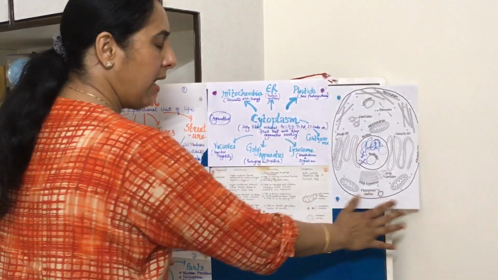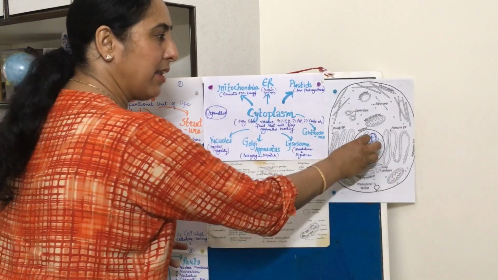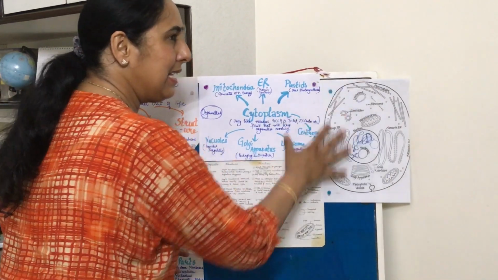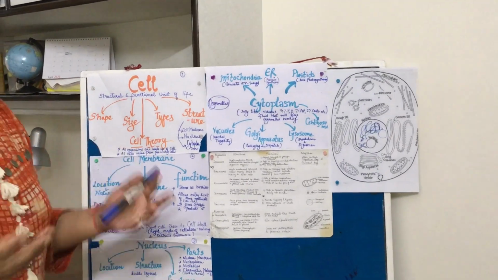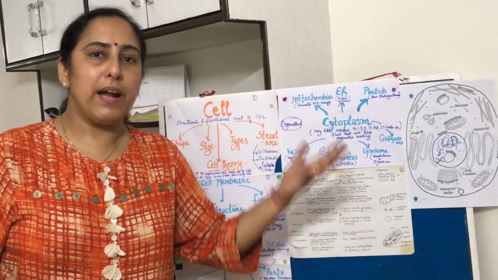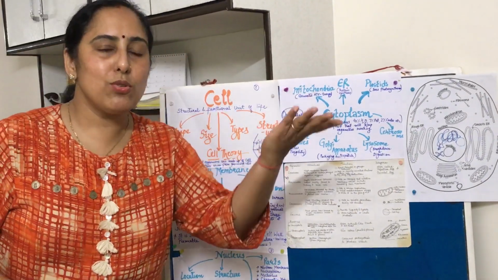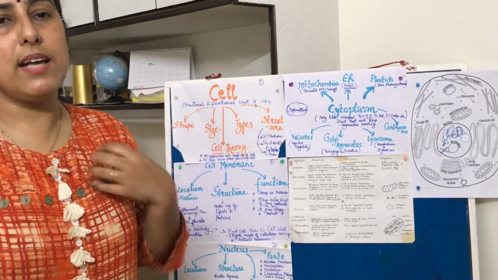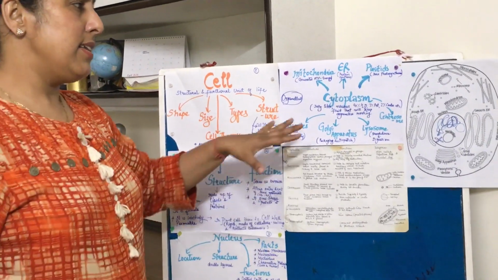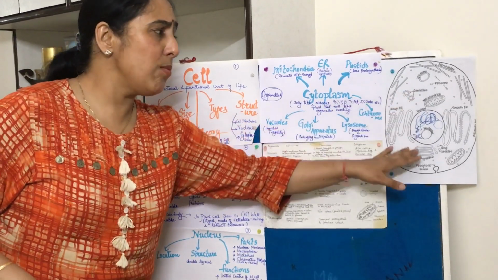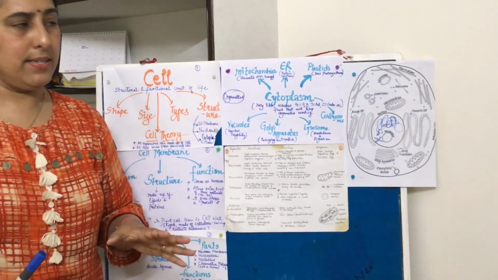Now, is this the only thing? A boundary and a jelly-like thing and a nucleus? No. A cell needs, just like us, we have so many body parts. Every part is different from the other. The eye has certain functions, the ear is doing something else, the heart has another function. In the same way, the cytoplasm holds too many organelles inside.